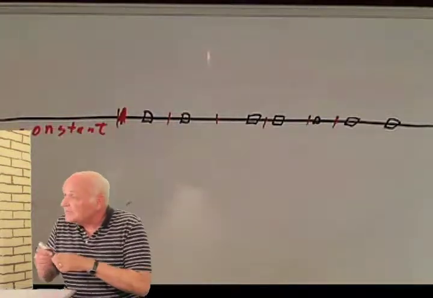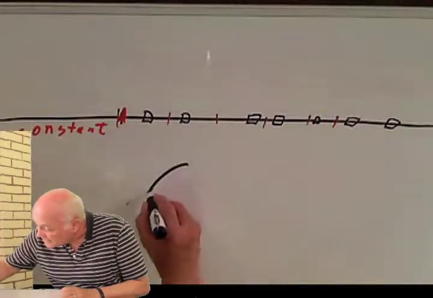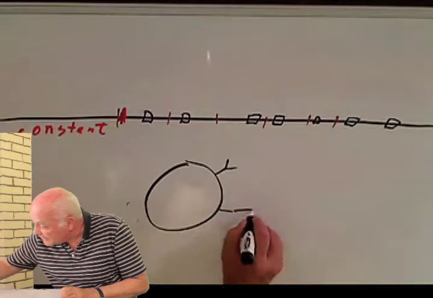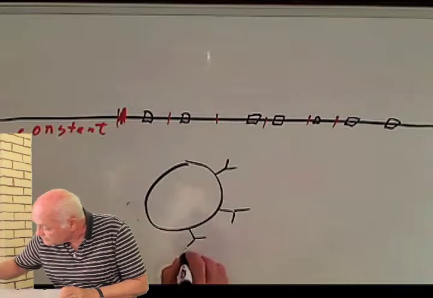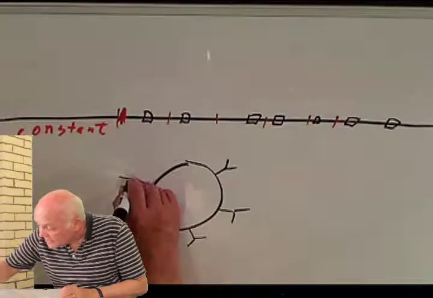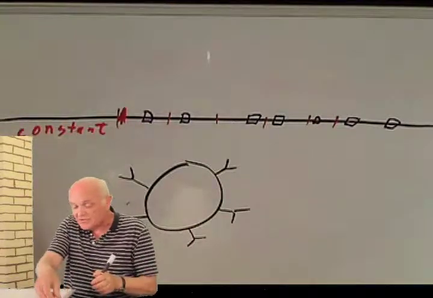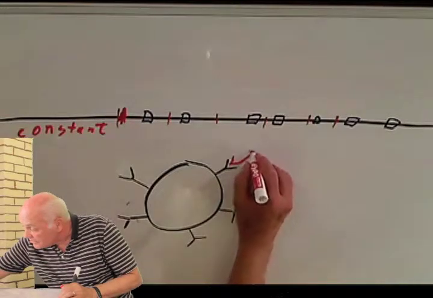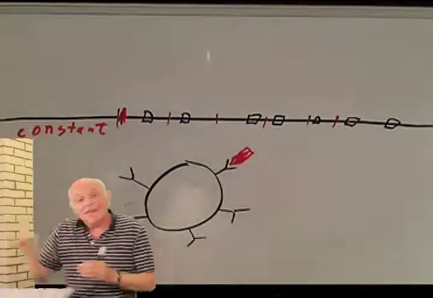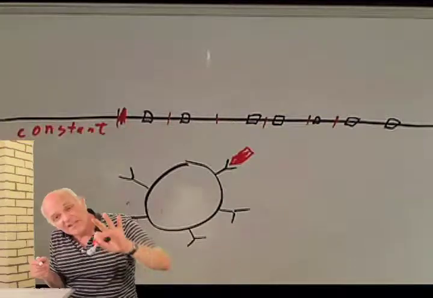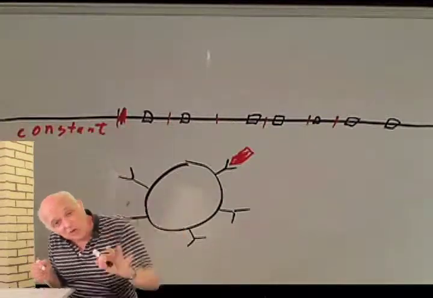If the leukocyte looks like this, and it's got all these antibodies coming out of it, and an antigen comes along that recognizes one of these antibodies, a genetic signal is triggered, and the leukocyte divides. Remember that the change is in the leukocyte itself.